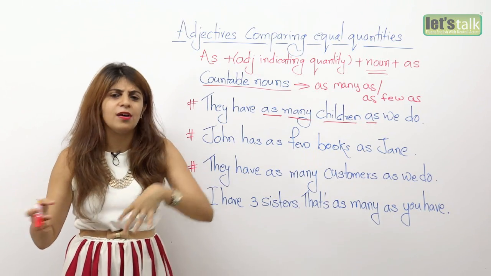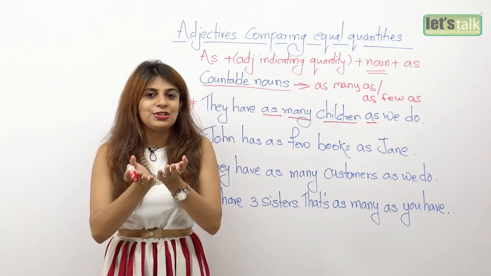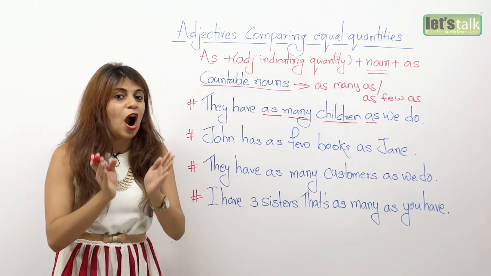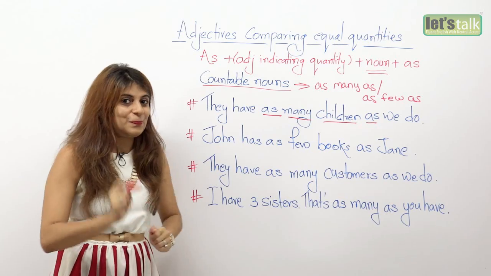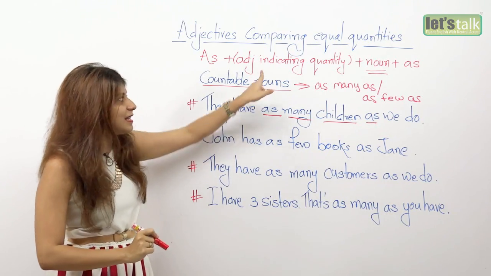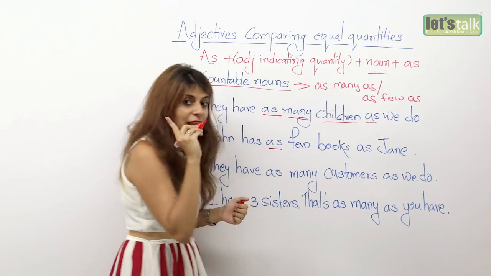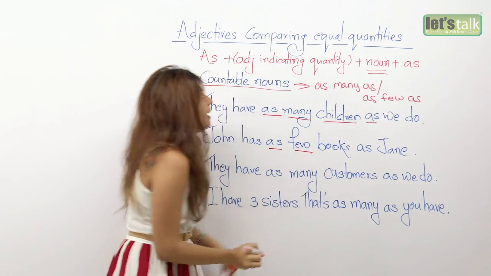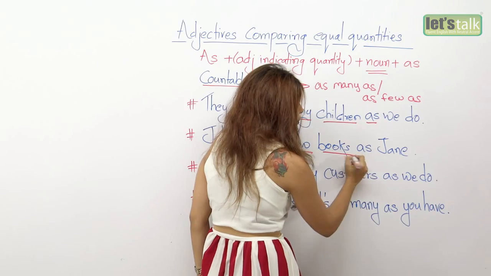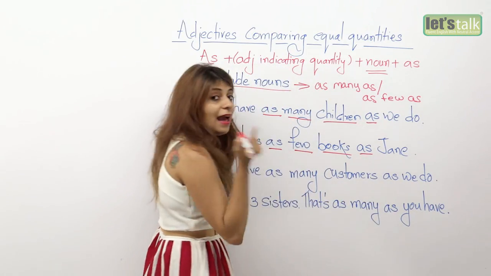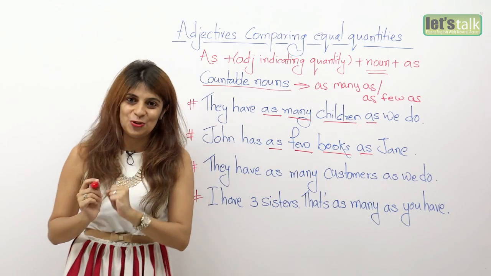He just has 8 books and she has 9 books, so it's almost the same. You are comparing almost the same number of books here. And how do you do that? Using the same format, which is John has, the word as, few is the adjective indicating quantity, followed by the noun, and then followed by the word as again. So John has as few books as Jane.